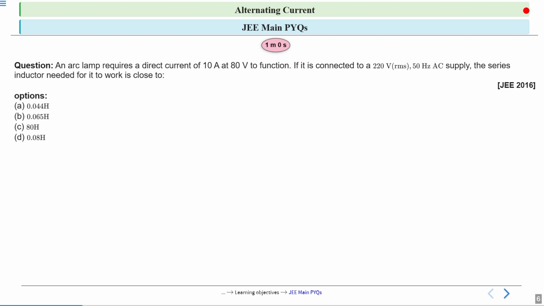So what amount of inductance do we need to connect in series with the resistor, or the arc lamp? The options are 0.044 Henry, 0.065 Henry, 80 Henry, or 0.08 Henry.